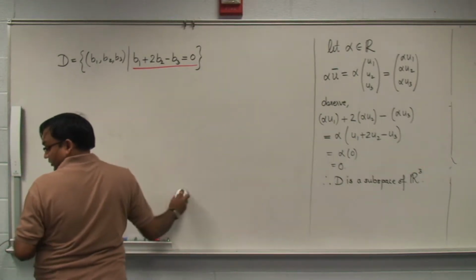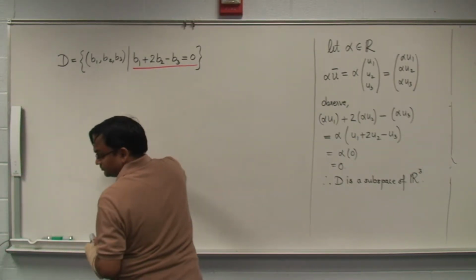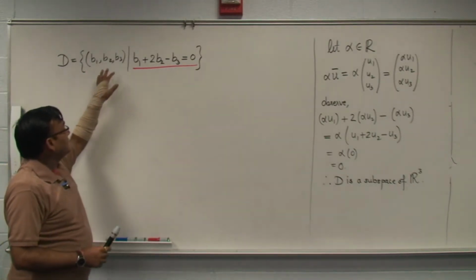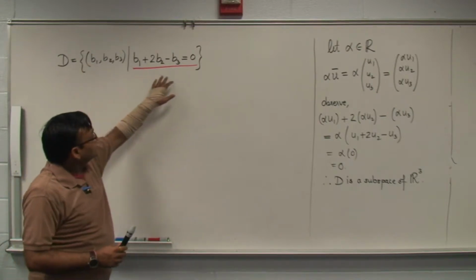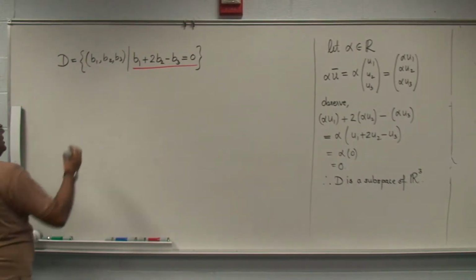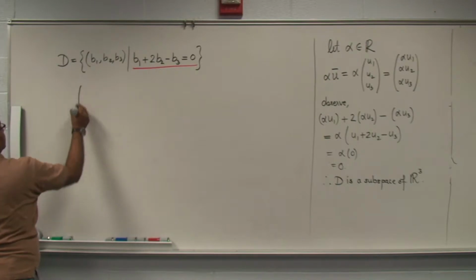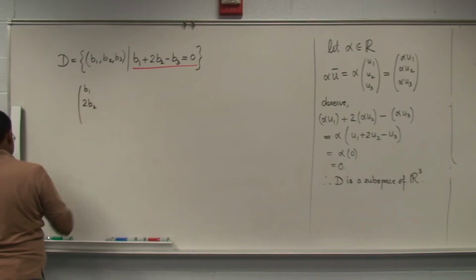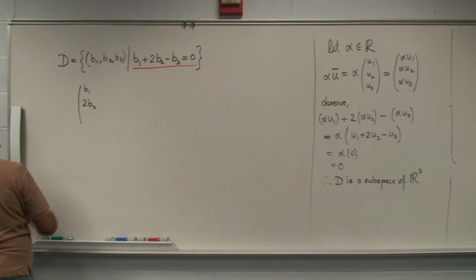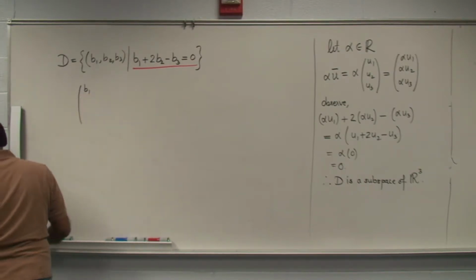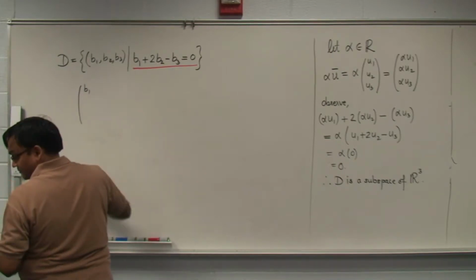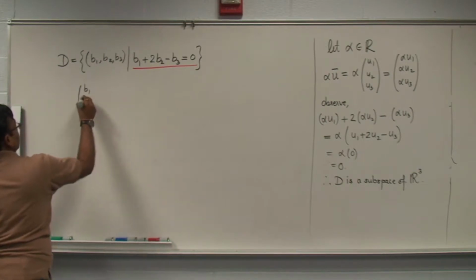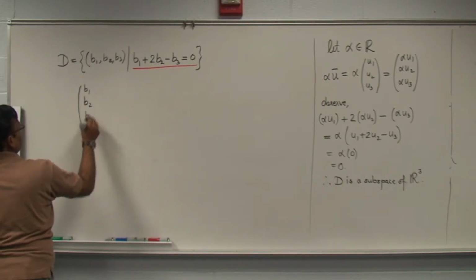So I want you to focus on the set D. I said those three-dimensional vectors live in D which satisfy this equation. Let us pick a vector in here, say b1, b2, and b3.